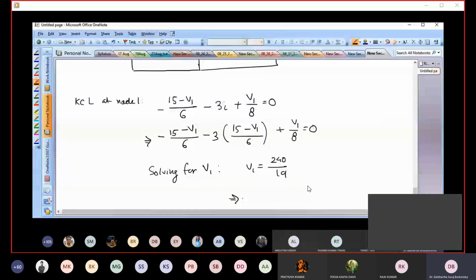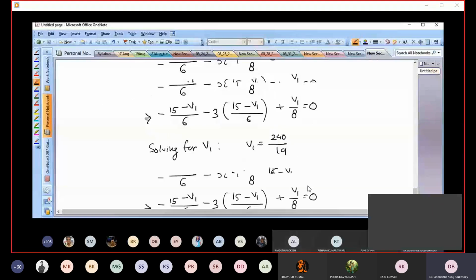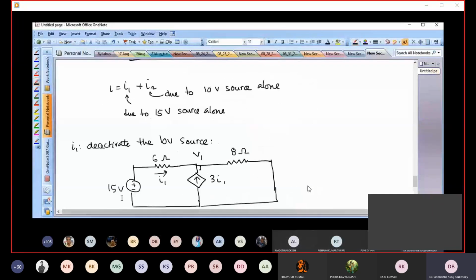15 minus V1 by 6, right? Because we have 15 volts over here, you have 15 volts at this terminal. The terminal on the right is your V1 volts.